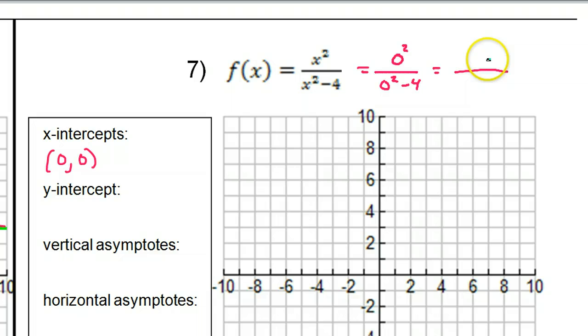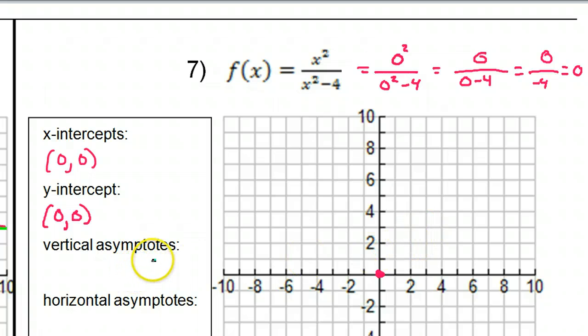Of course 0 squared is just 0, and 0 minus 4. So this is just 0 over negative 4, which is just 0. So that means my y-intercept is also 0, 0. Both of these are the same point, so it makes sense. The graph will cross the x and y-axis at the same point.